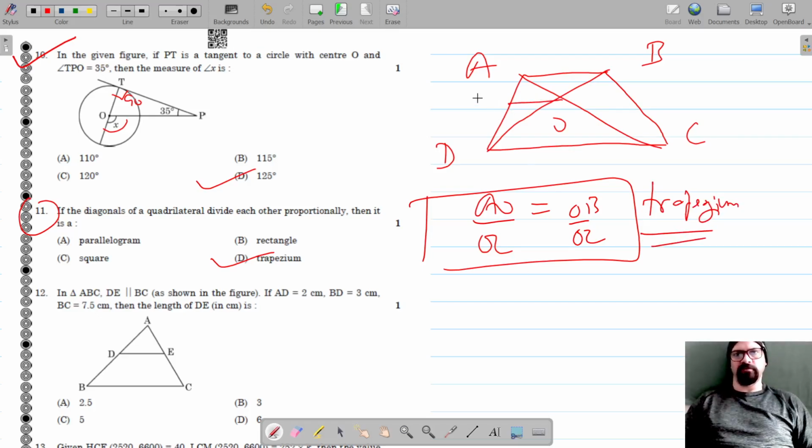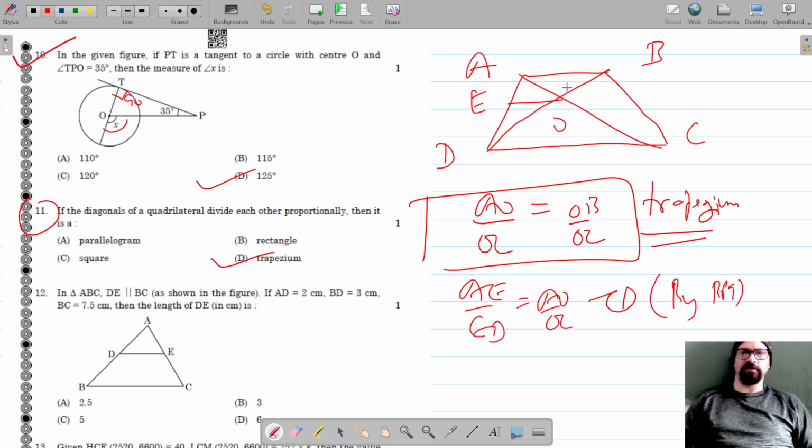We can easily prove this if we draw the parallel line OE. So this gives me AE by ED is equal to AO by OC. This is the first result by the BPT theorem.